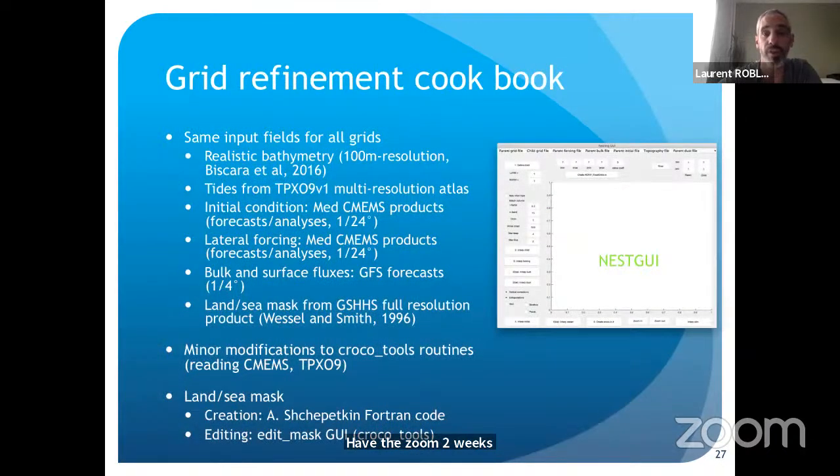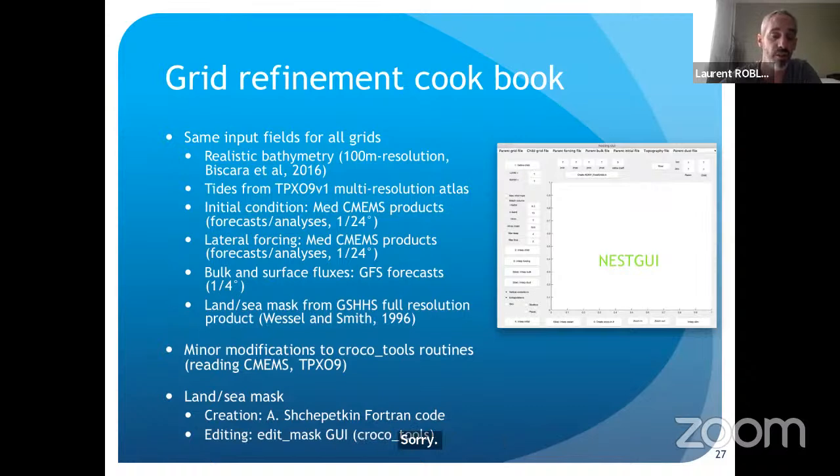For the nesting, we use the NestGUI graphical interface, which is released in the CROCO toolbox. We use the same input fields for the bathymetry, which is the same high resolution product presented before. Tides are interpolated from the TPXO multi-resolution atlas.